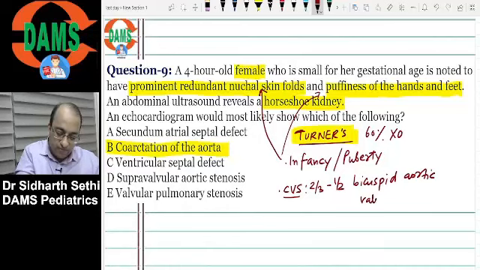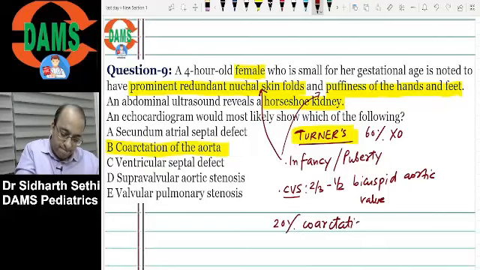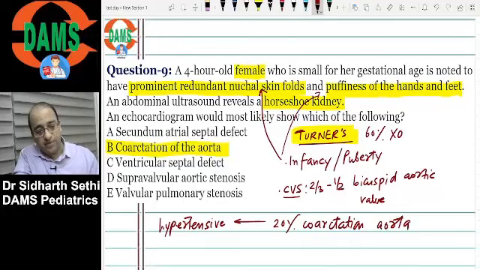Around 20% of Turners have coarctation of aorta. So if you ever see a child with Turners who is hypertensive, think about coarctation of aorta. Okay, so these are important points about Turner syndrome.